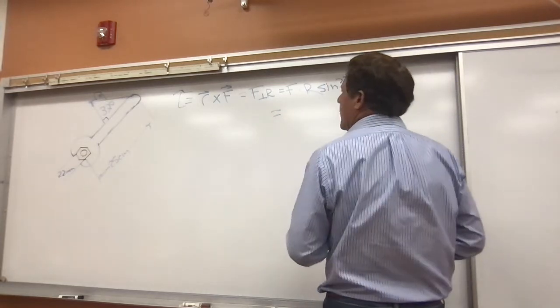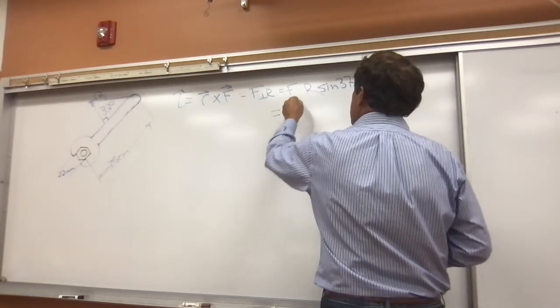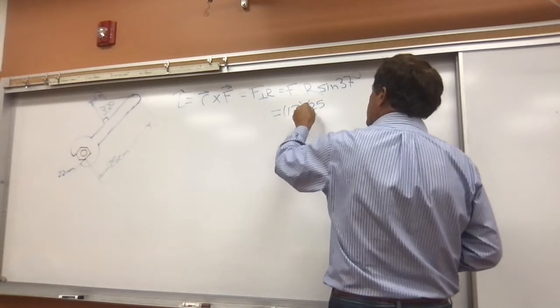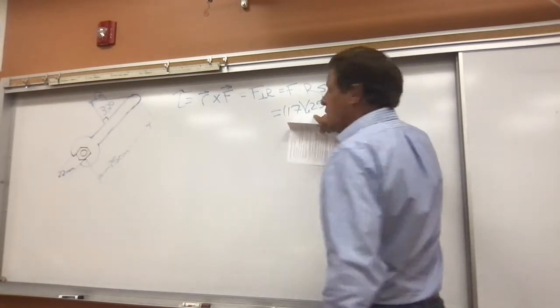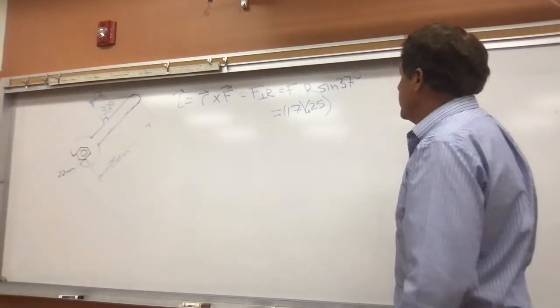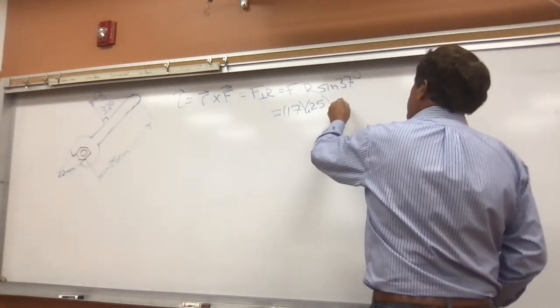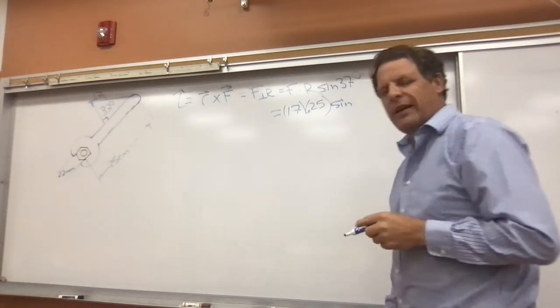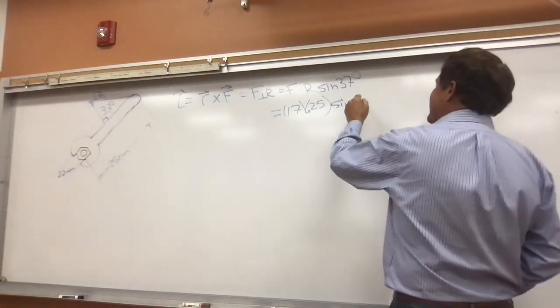So it's going to be sine of 37 degrees. Okay. So our force is 17. Our radius is 25 centimeters. We're changing that to meters, which is 0.25, times the sine of 37, which is about 0.6.